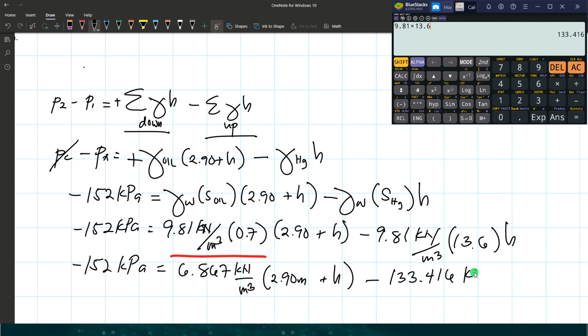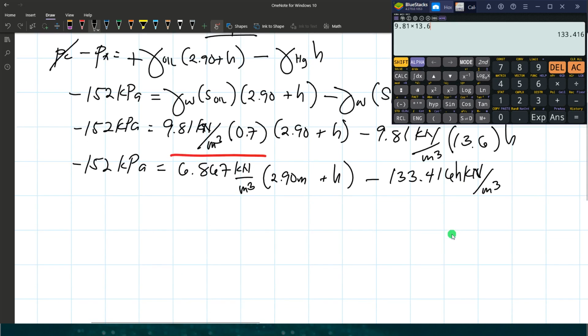That is still in kilonewtons per cubic meter, but we multiply it by H, so 133.416 H. Okay, so let's distribute 6.867. We have 2.9 times 6.867, which equals 19.9143.